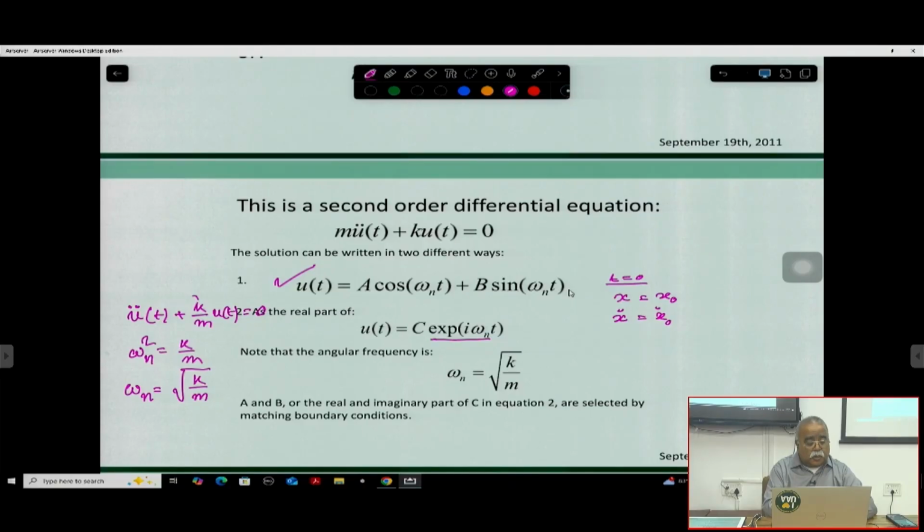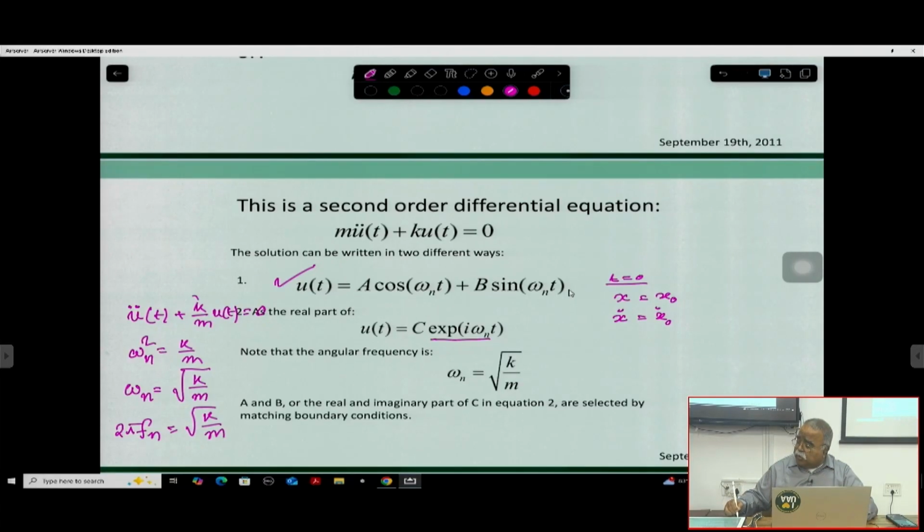In radians per second. And omega n equals 2 pi Fn, where Fn is the frequency in cycles per second, or hertz.